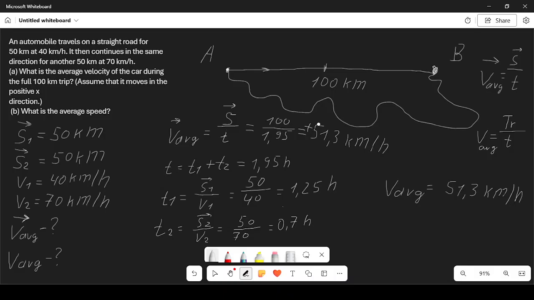As we said, the number of average velocity and average speed is the same because our automobile moves on a straight road, so just by the shortest way.